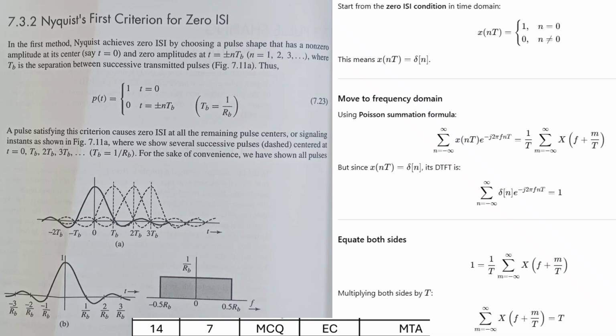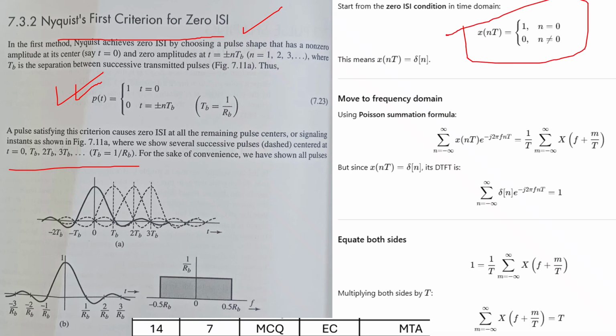I just got this screenshot from your Proakis-Salehi book, fourth edition. You can check it. Here is the Nyquist first criterion for zero ISI, that is, inter-symbol interference. In order to satisfy this condition, the pulse satisfying the criterion has zero ISI, and all remaining pulse centers are at signaling instants, as shown in the figure, where several successive pulses are centered at this, right? So start from the zero-ISI time domain condition, x(nT) equals 1 and 0.